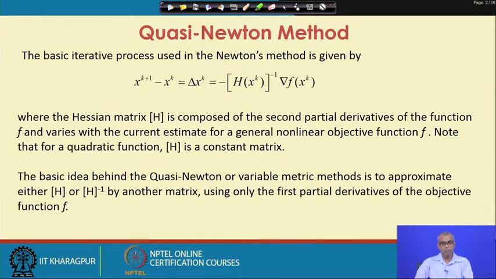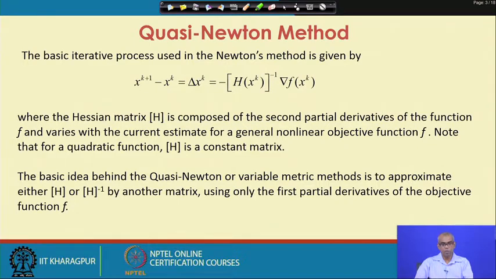We know that the Hessian matrix is composed of the second partial derivatives of the function f. Note that for a quadratic function the Hessian is a constant matrix, but for a general nonlinear objective function the Hessian matrix will vary with the current estimate of the optimal point.